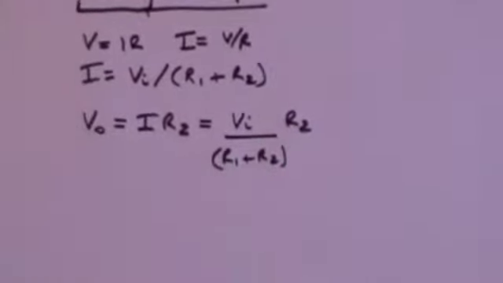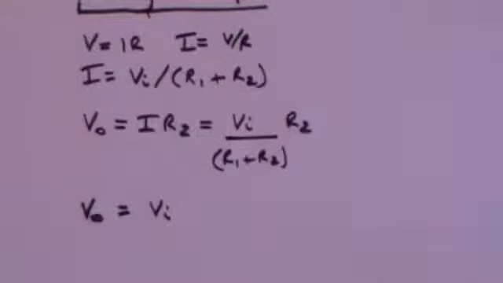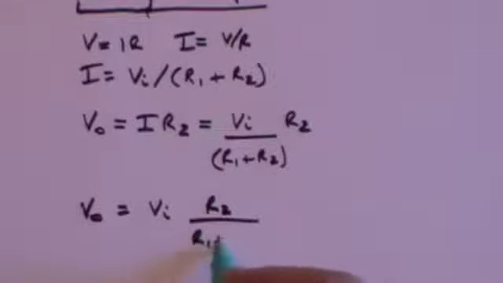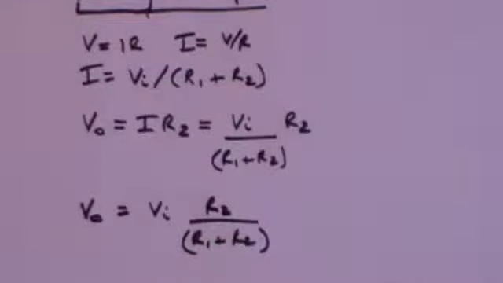Or I can just rewrite that with a slight difference, that VO, the output voltage, equals VI, the input voltage, times R2 over R1 plus R2. So depending on how you choose the values of R1 and R2, you can get different values for your output voltage.